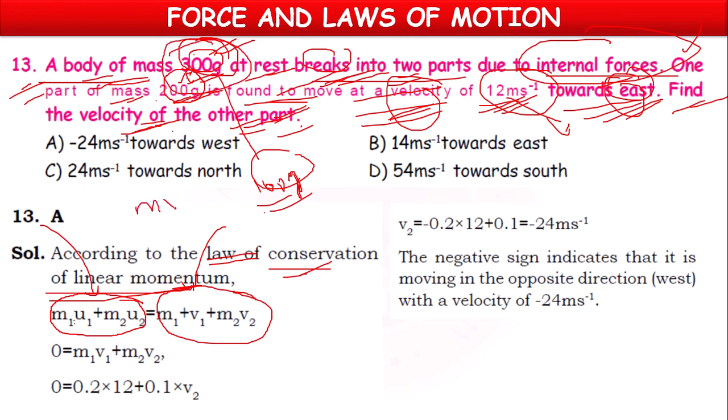Momentum is the product of mass and velocity. Before breaking, it is in rest position. So the total momentum will be 0, because there is no velocity before breaking of the mass. So 0 equal to m1v1, mass and velocity product of the first particle, plus mass and velocity product of the second particle. After the breaking, whatever total momentum is there, it will be equal to 0.